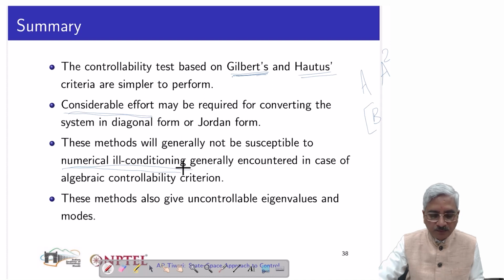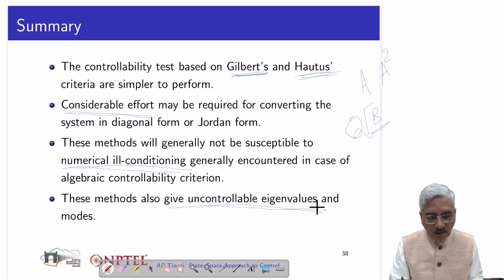This may happen. So in practice, I have seen that instead of the rank test of Q, testing the rank of smaller order matrices, as in Hautus' case, gives better conclusions about the controllability of the system. And of course, Gilbert's and Hautus' methods also give the uncontrollable eigenvalues and uncontrollable modes.